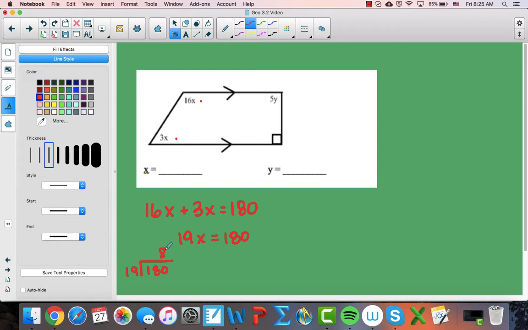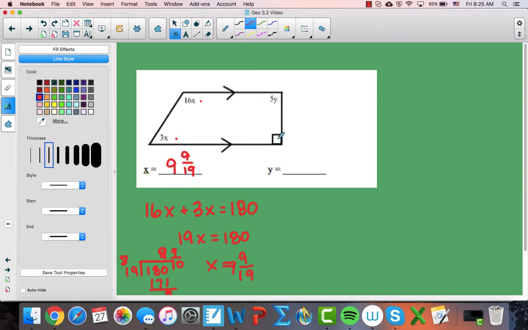That's going to be too small, so I'm going to try 9. 9 times 9 is 81. 9 times 1 plus 8 is 17. And I get 9 over 19. So x is equal to 9 and 9 over 19. Okay, so not a pretty number, and that can be true.